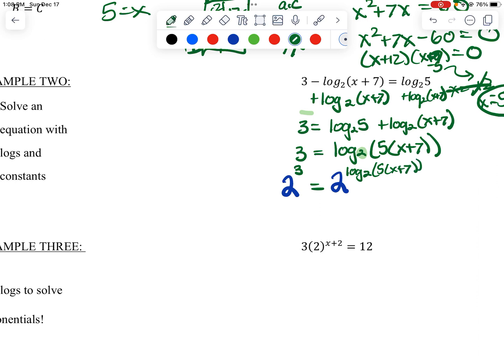So raise each side to a power because then our bases are the same. So then I'm left with 2 cubed equals 5 times x plus 7.